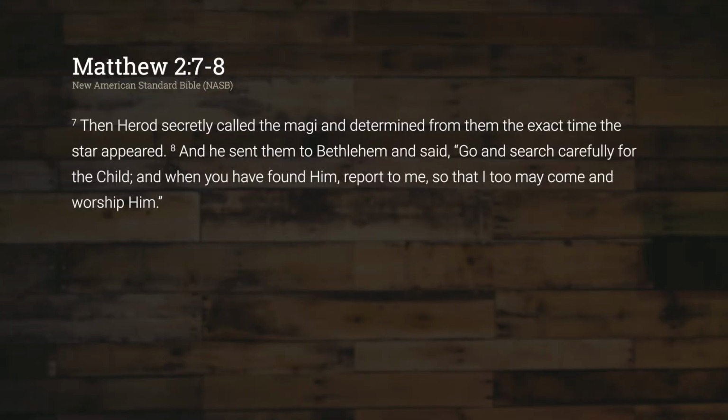He determined from them the exact time the star had appeared. And he sent them to Bethlehem and said, go search carefully for the child. And when you have found him, report to me so that I too may worship. So Herod gathers information. Herod lies to the wise men. Herod sends them to Bethlehem. And God uses Herod's selfish, secret motives to guide these wise men.